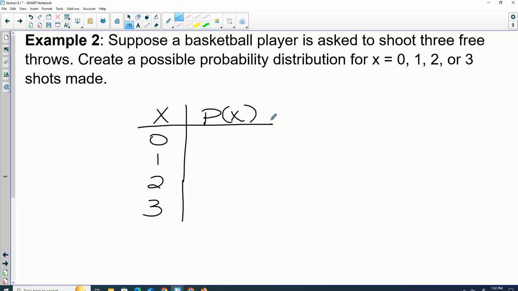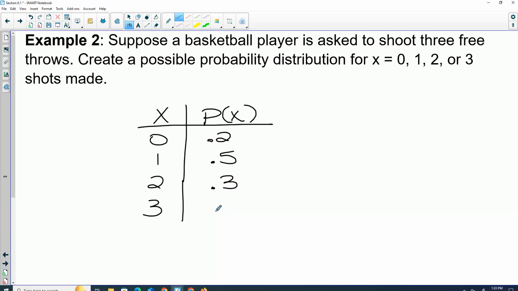So what do you want to say the probability of making none of them is? 20%. Okay, what about 1? 0.5. Okay, I've got 70% so far. What about 2? 0.3.